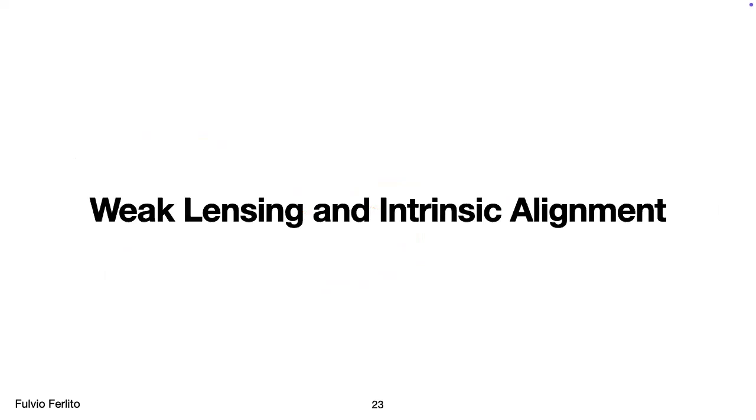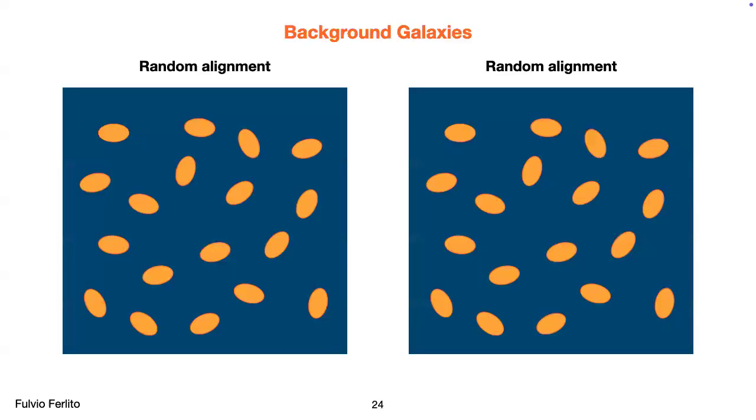Now we can move on to another very important and eventually problematic, arguably even more problematic systematic, that is the intrinsic alignment. So before I was talking to you about the image of a lot of galaxies ending up being lensed. And since this lensing is very weak, we need millions of them to start extracting the cosmological signal.